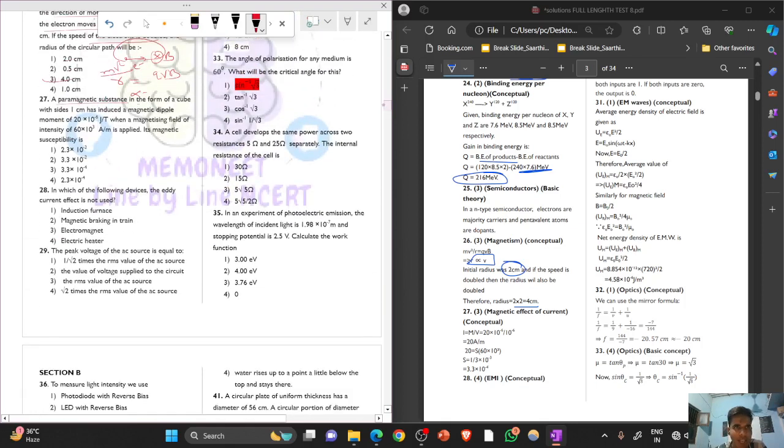A paramagnetic substance in the form of a cube, with side length given, magnetic dipole moment given, and magnetizing field given. Then find the magnetic susceptibility. You just need to understand that the magnetic field is given and the magnetic dipole is given. Simply find the magnetic susceptibility. You know magnetization is the magnetic dipole moment per unit volume.